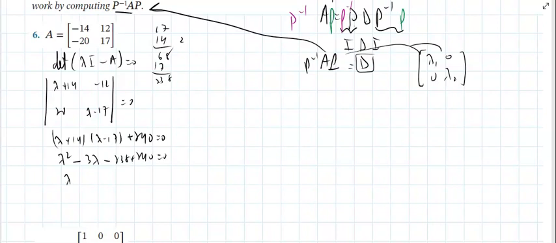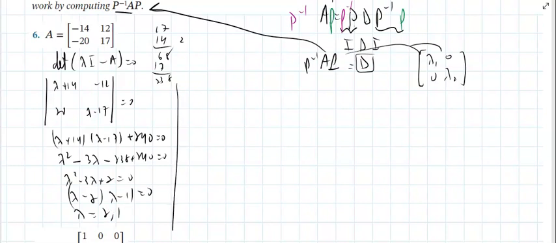That's simply lambda squared minus 3 lambda plus 2 equal to 0. So lambda minus 2, lambda minus 1. So I got lambda to be 2 or 1. Okay, very good. Now, I'm going to take lambda equal to 2 and throw it in there.